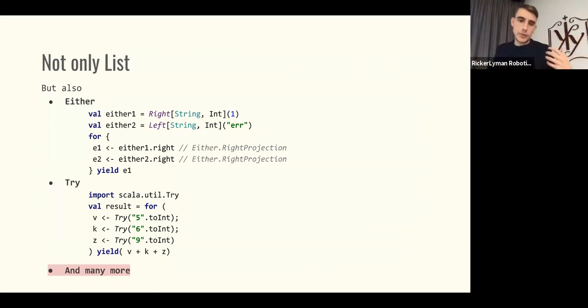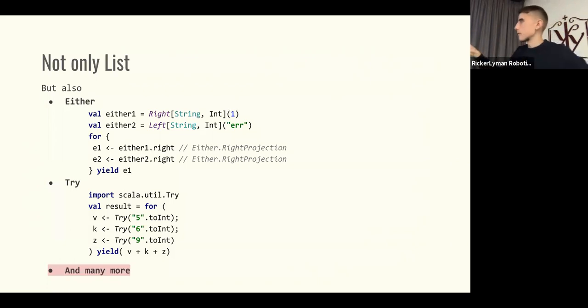For that reason, there is a right projection and a left projection. And when we call the right method on the Either instance, this produces a kind of right-biased Either. So all of the functions like map, flatMap, foreach will be dealing with the value on the right. And that way we can use Either within a for comprehension as well.